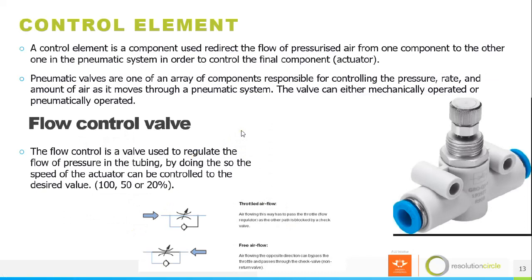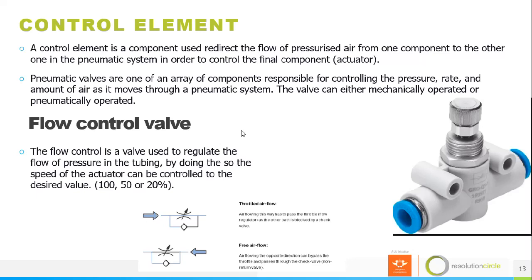We have a control element. A control element is a component that is used to redirect the flow of pressurized air from one component to another in a pneumatic system in order to control the final control element, which is the actuator.